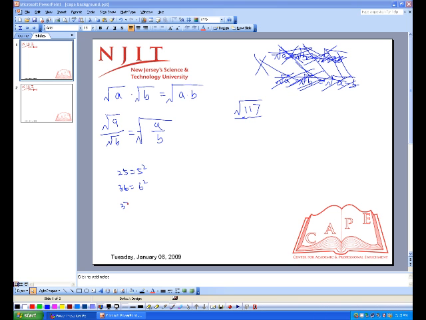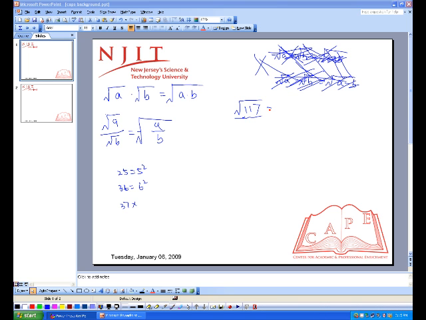But 37 is not a perfect square because there is not a whole number that after you square it, it'll give you 37. So since 117 is not a perfect square, the result is not going to be a whole number.